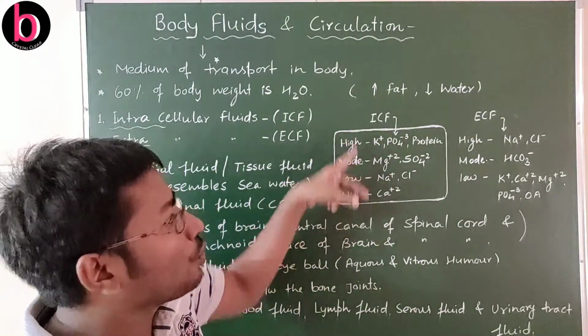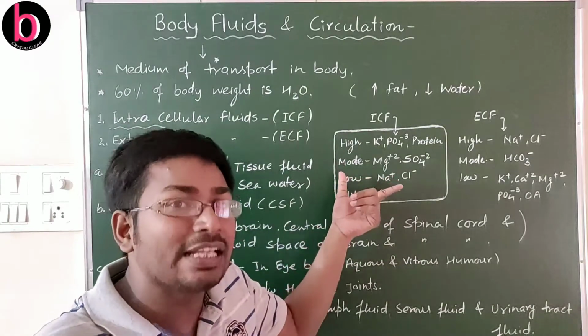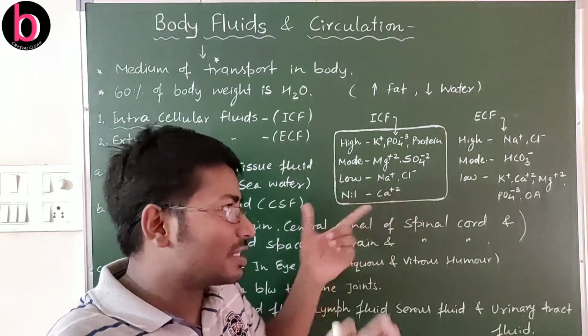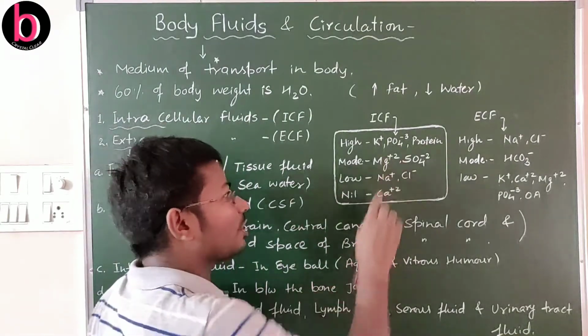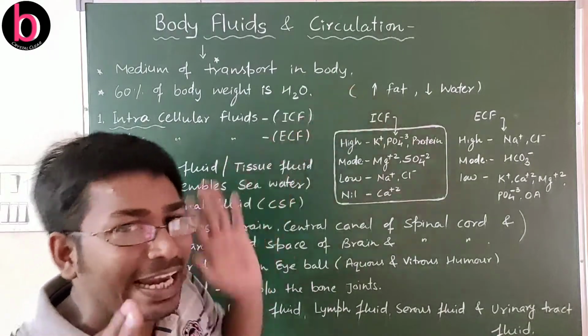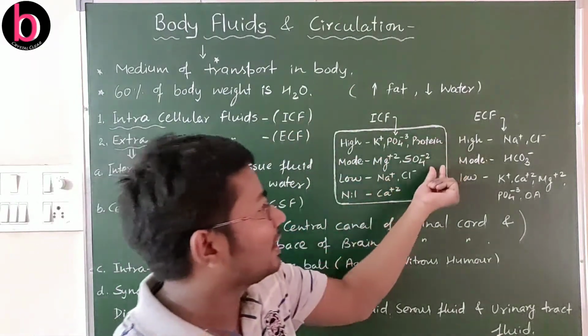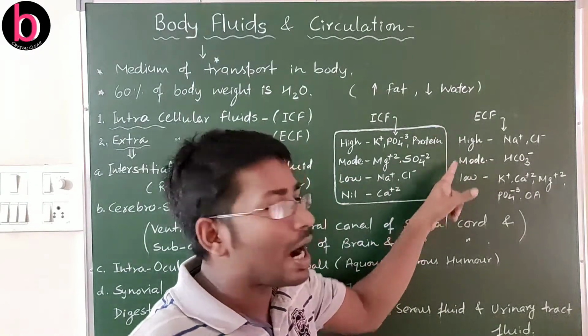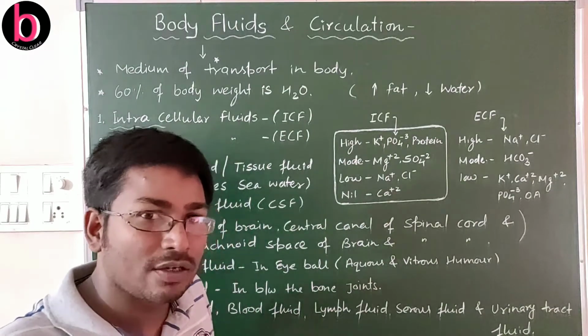What substances are in the cytoplasm? This is very important, and it is also given in the chapters on the cell and on neural control and coordination. Here this is ICF, intracellular fluid, inside the cells, and here this is the cell membrane. Outside the cell membrane, that is ECF, extracellular fluid.